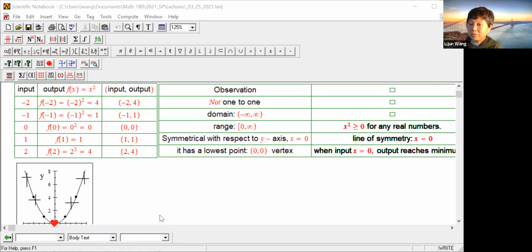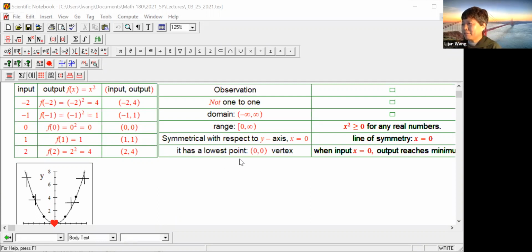So we have observed these features, haven't we? Did we miss anything? Is it an even function? That's right.